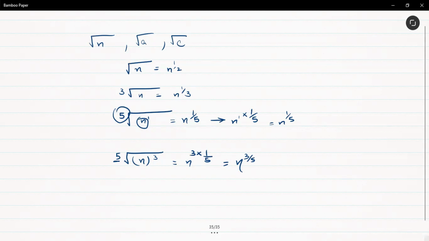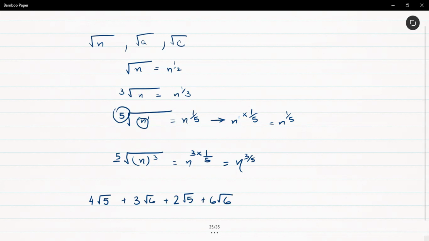Another concept I think you should know is whenever we are adding, and I'll get to it in more detail as we solve our questions. Whenever we have something like this, plus 3 under root 6 plus 2 under root 6 under root 6.